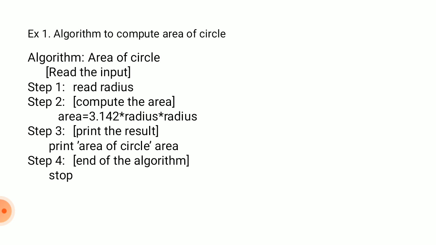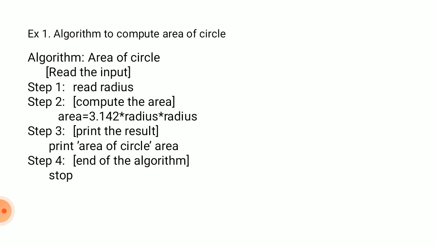In step 2, the comment says compute the area. In the processing we write area is equal to 3.142, which is the value of pi, into radius into radius. Instead of radius you can take any variable, such as r or rad; it is the user's choice.